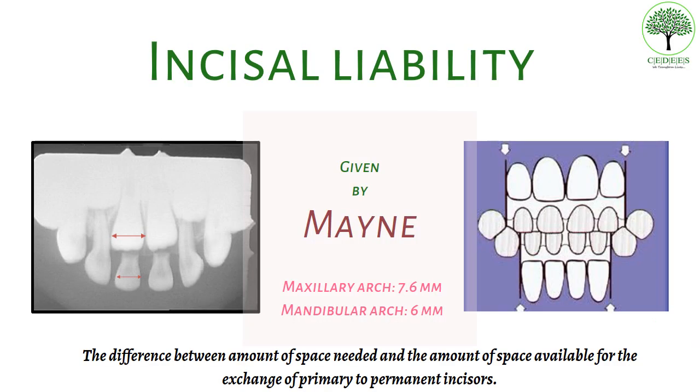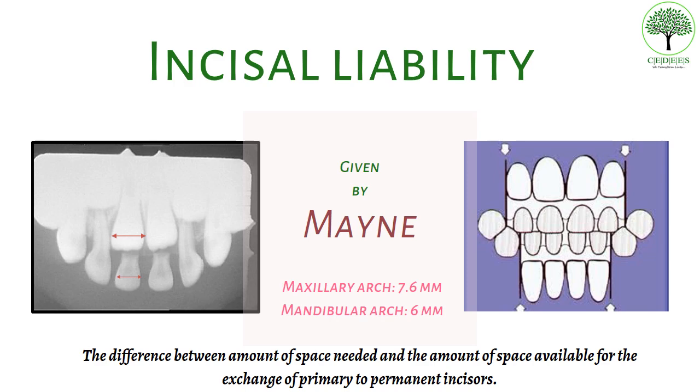There were also questions related to incisal liability, where the options that confused you were between 7.6 mm and 7 mm of incisal liability in the upper arch. The more popular answer is 7.6 millimeter.